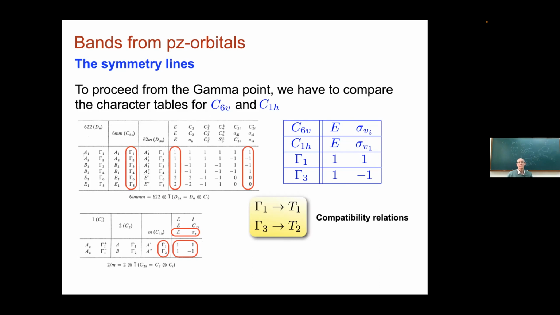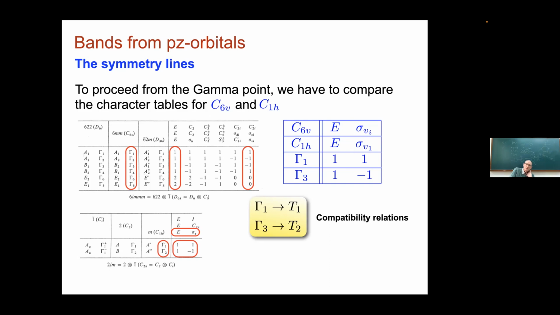These are called compatibility relations. I mean, the subduction relations between the little groups of high symmetry points and the little groups of the connecting high symmetry lines are called compatibility relations, because they impose a lot of compatibility constraints, as we'll see in the next lecture.